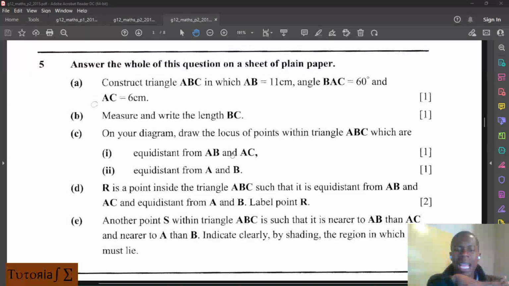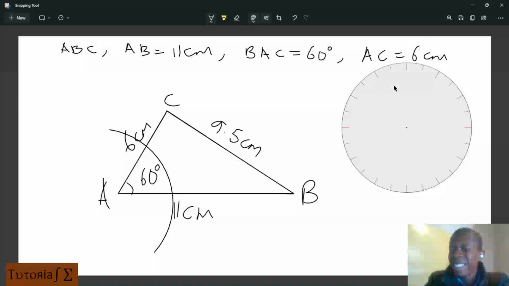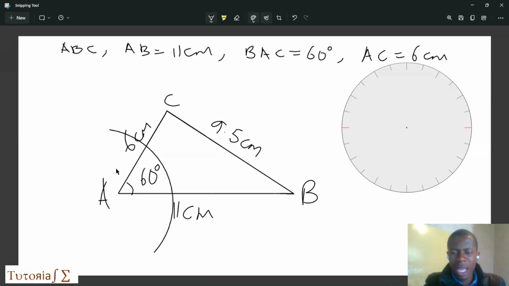So we see that A appears most because A is the turning point. So we need to put our sharp point on A. Okay. So now after we put our sharp point on A, we are going to draw an arc with our pencil like that. This is the arc that I've drawn here.